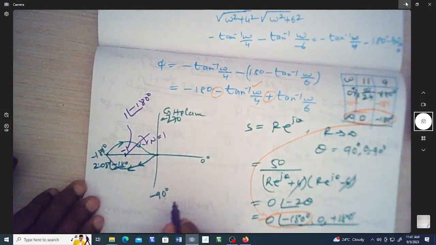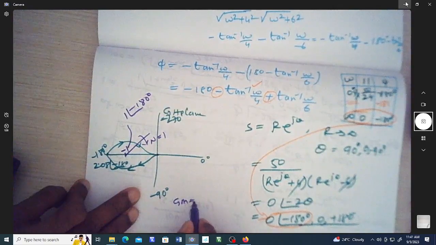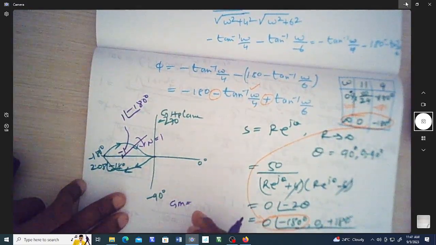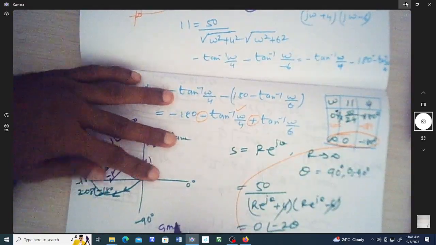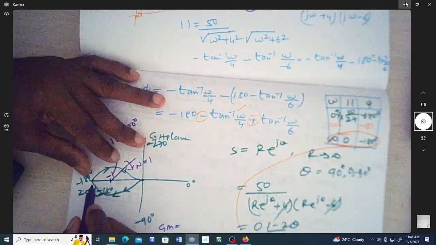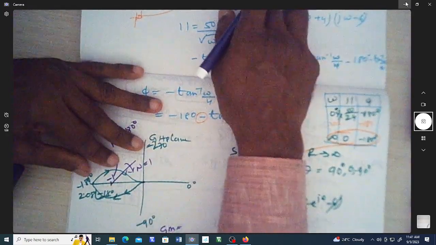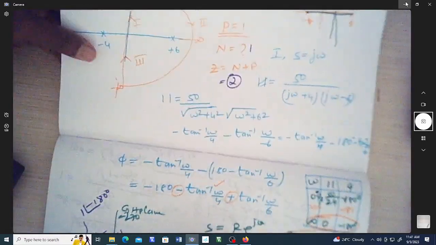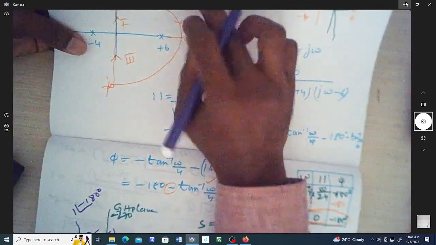Now what is the gain margin? If you look at this point, since the system is unstable, how do you find the gain margin? Since the value of p is already 1, this is actually minus infinity, because you can never make the system stable by reducing the gain to whatever extent.